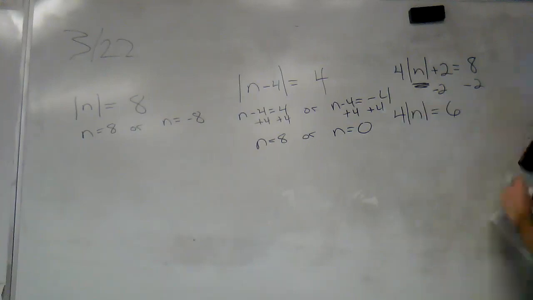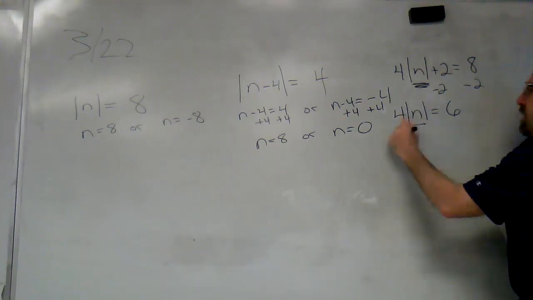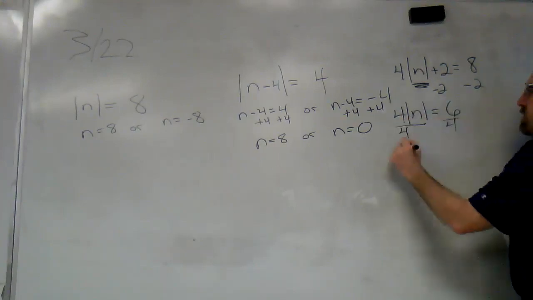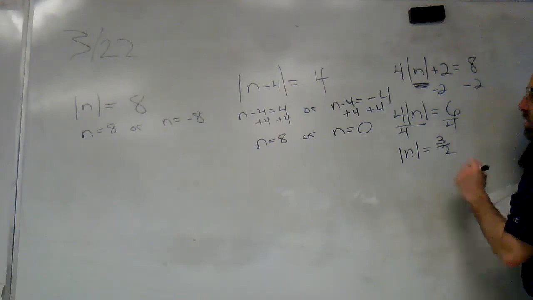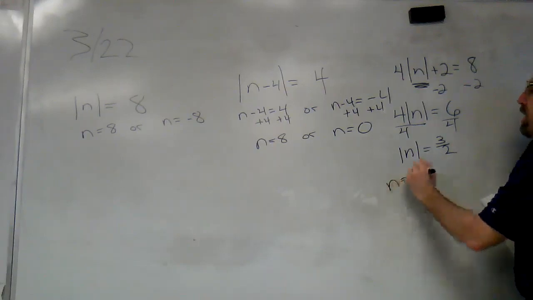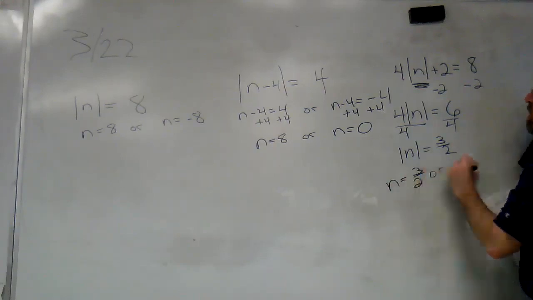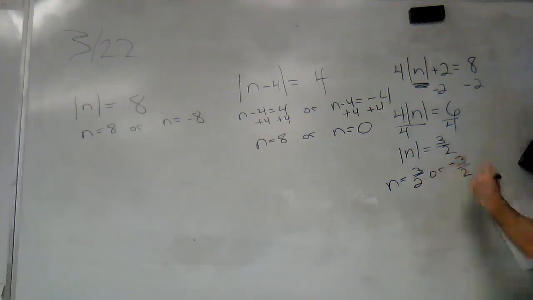How can we get rid of multiplying? Divide. So we divide by 4. Absolute value of n equals 3 halves. So what numbers are 3 halves from 0? 3 halves or negative 3 halves. So one's positive, one's negative.